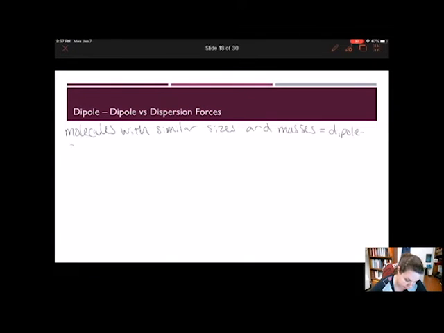So the dipole-dipole forces will always win out if we're similar sizes. So if we have a polar molecule and a nonpolar molecule, intermolecular forces are always going to be greater in the polar molecule if they're similar size and mass.